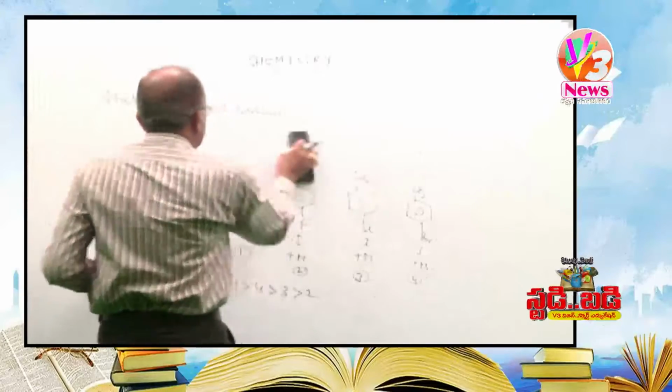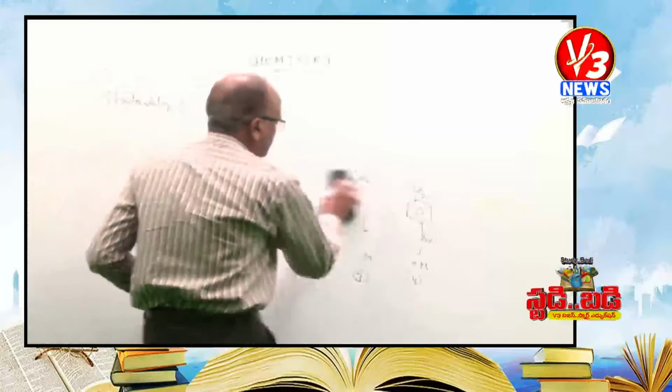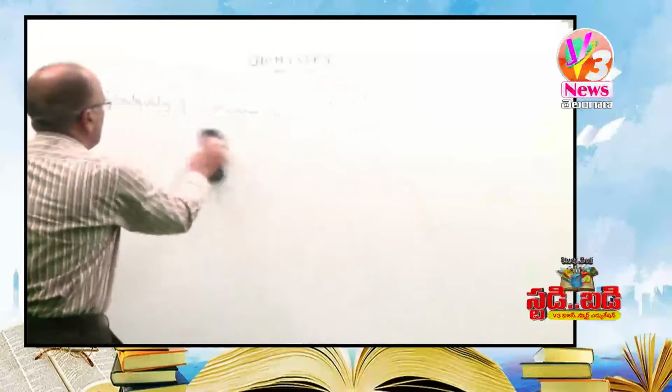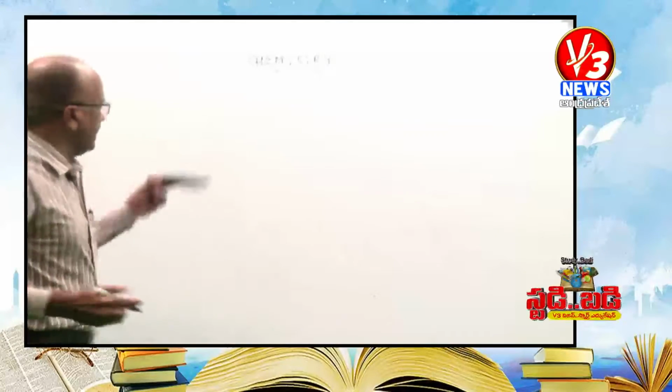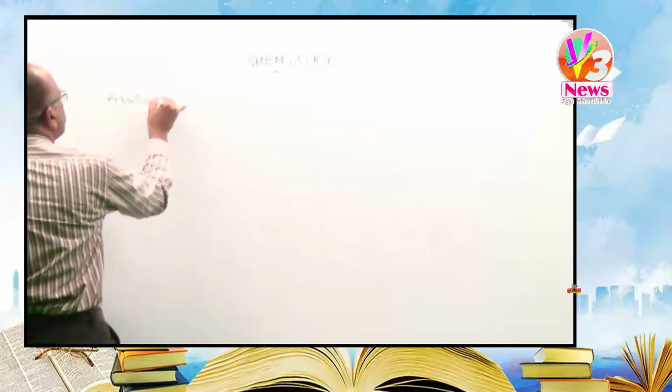Similarly, you can see the stability of allyl free radicals. Now another application of these electronic effects is acidic strength.